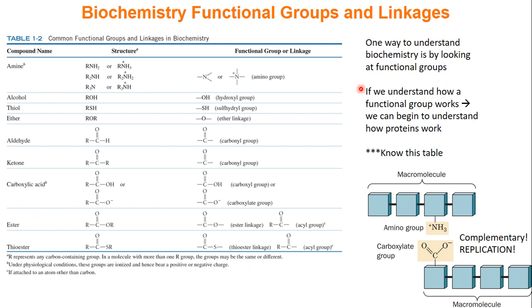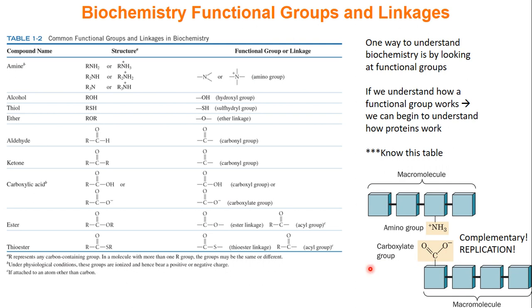And like I said, if you know how a functional group interacts chemically, you can begin to understand how a biomolecule, which is made out of functional groups, can interact. And a lot of these compounds are actually complementary to each other. For example, an amino group is charged, NH3, while a carboxylic group is negatively charged, C-double-O.